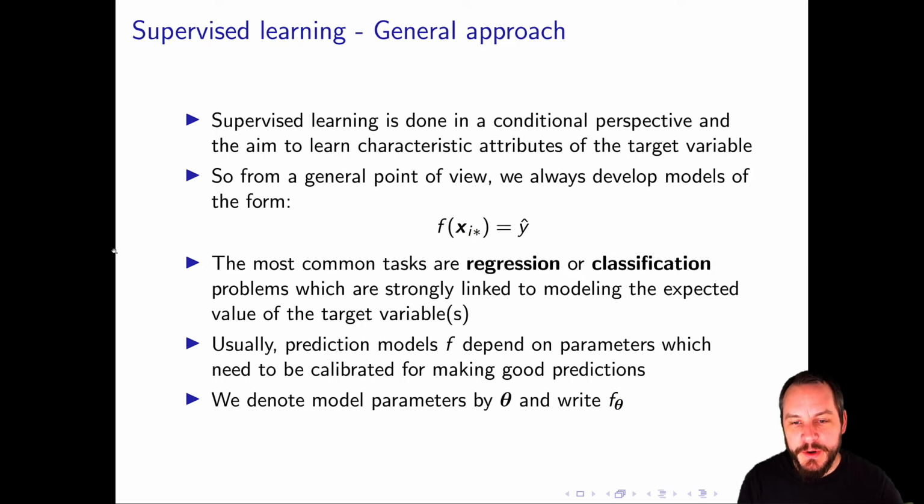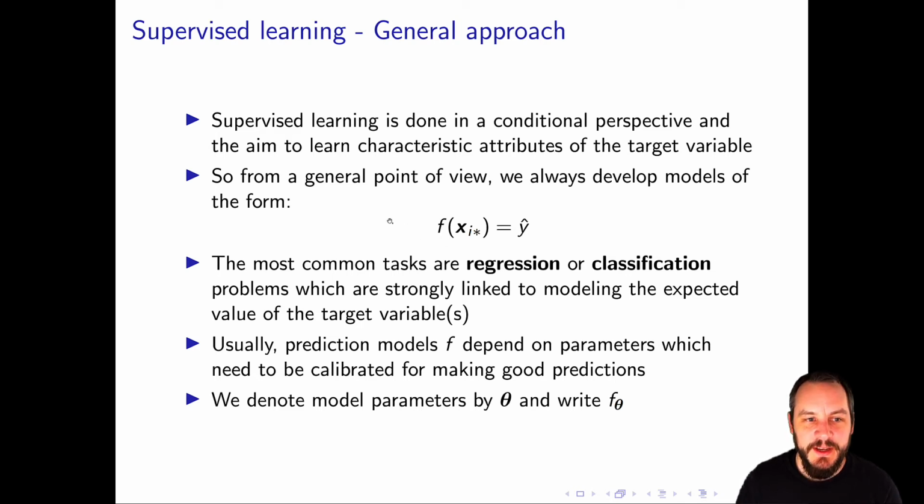When we talk about regression problems, we usually mean that the target variable is an unbounded or usually unbounded numerical variable. And when we speak of classification, we either mean a binary classification problem, so yes or no decisions, or also multi-classification problems, where the target variable can have more than 2 categories.